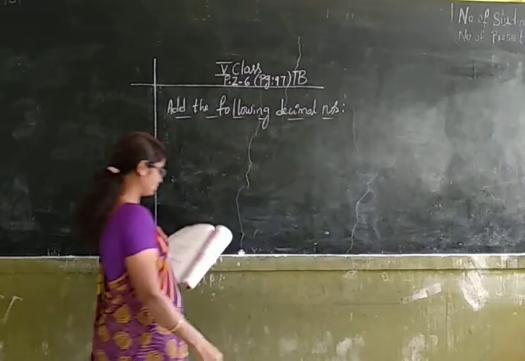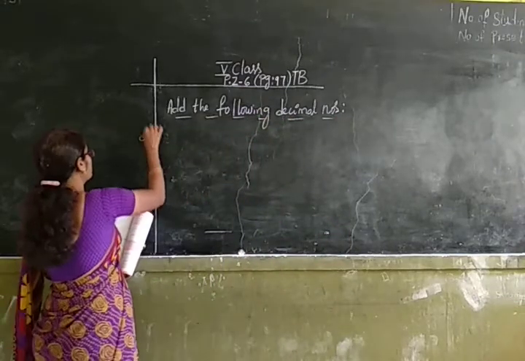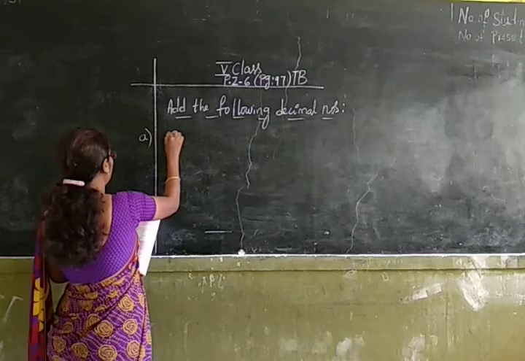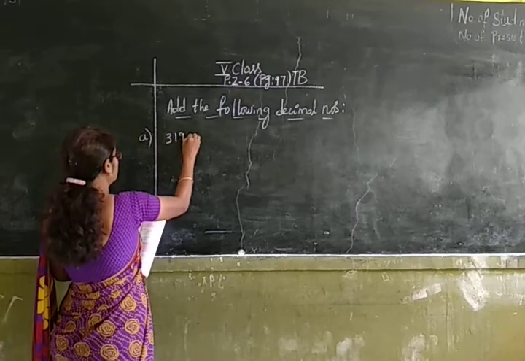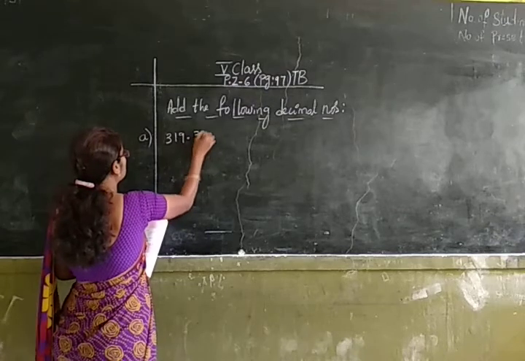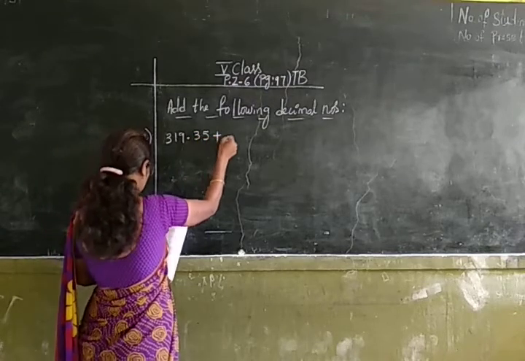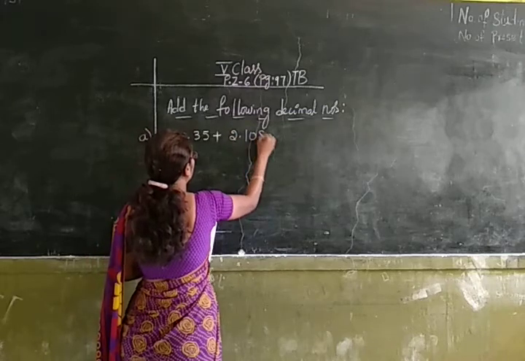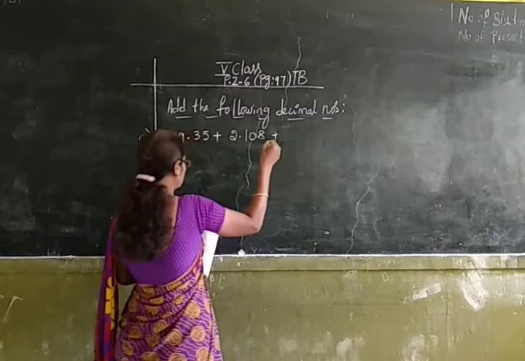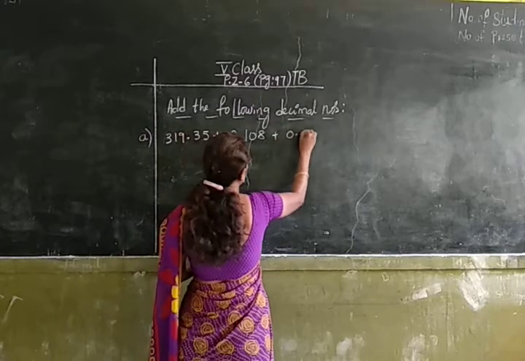So what is the first question? You have to add 319.35 plus 2.108 plus 0.001.